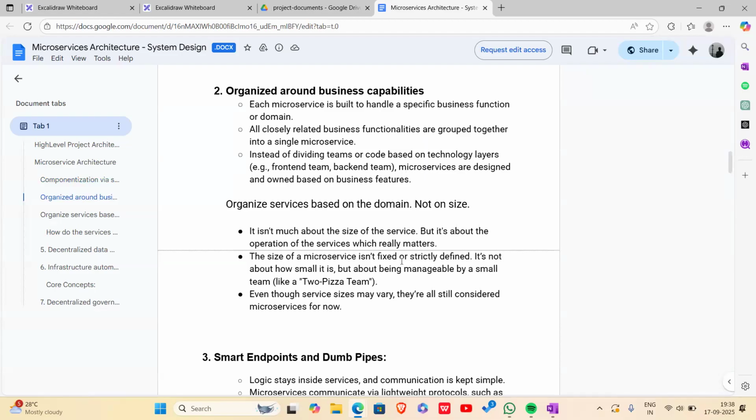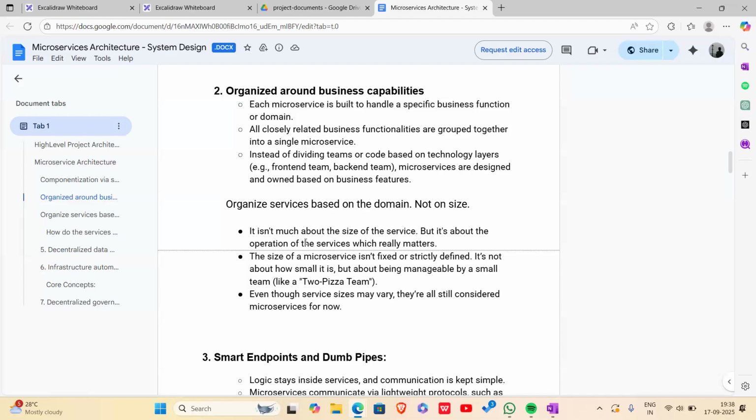Services are based on domain, not on size. It is not so much about the size of the service, but about the operation of the service, which really matters. The size of a microservice is not fixed or strictly defined. It is not about how small it is, but about being manageable by a small team, like a two pizza team. Even though service sizes may vary, they are still considered microservices.